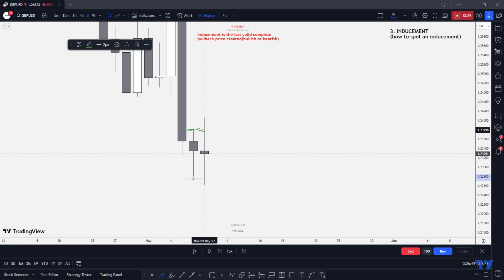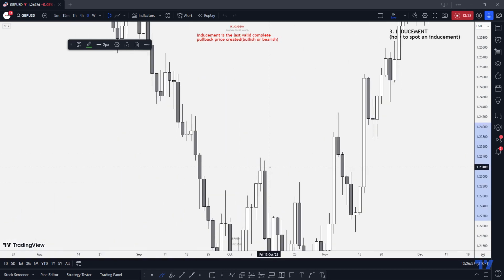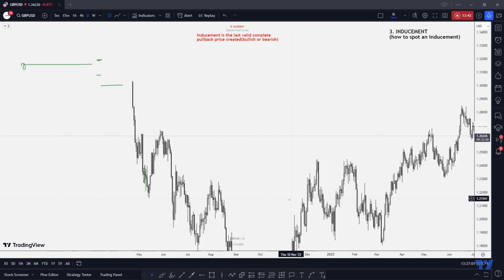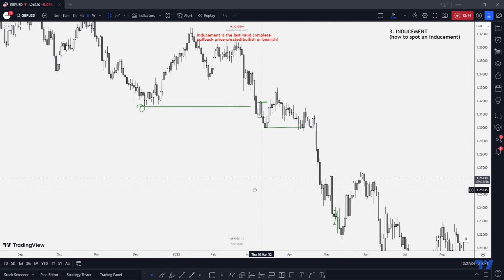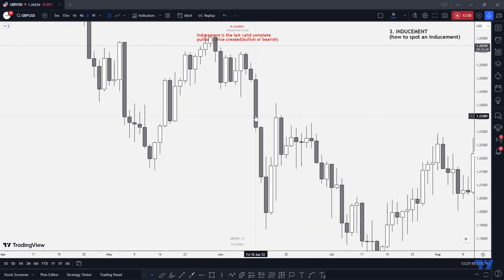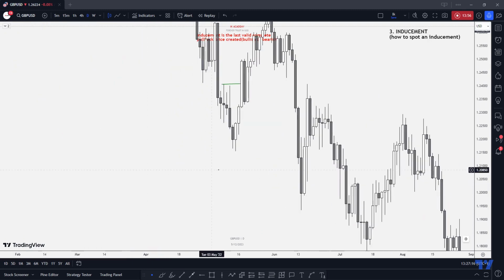Price took it out and then continued to go to the downside. So price basically did like this and then continued to the downside. So that's what I want you guys to see and understand. So that's an inducement. This is our inducement level here. Same level here. And let's continue to go to the downside.